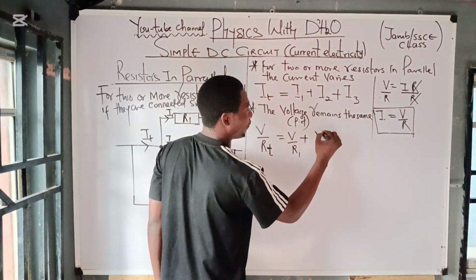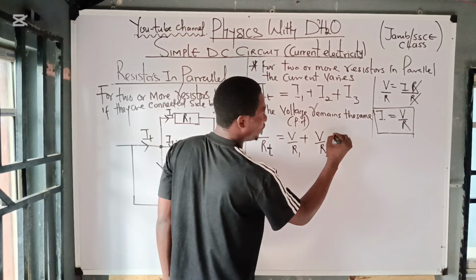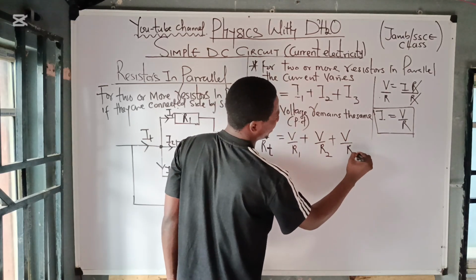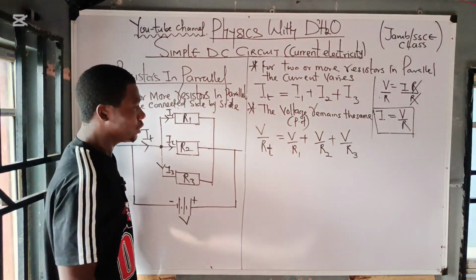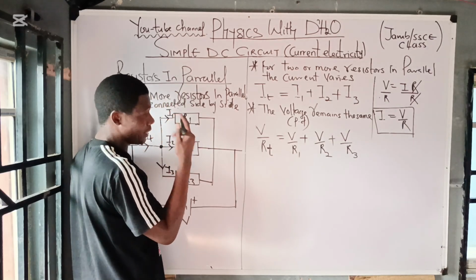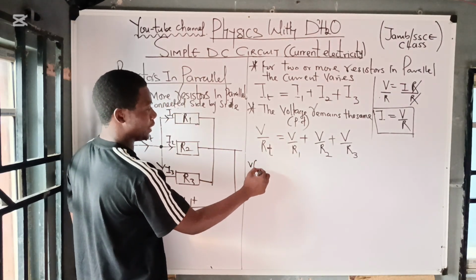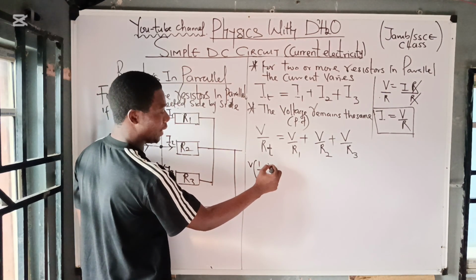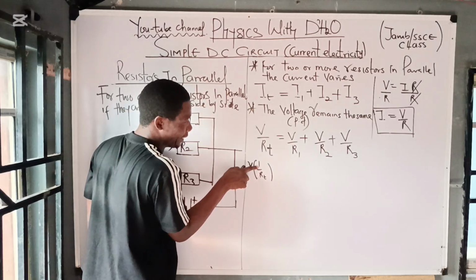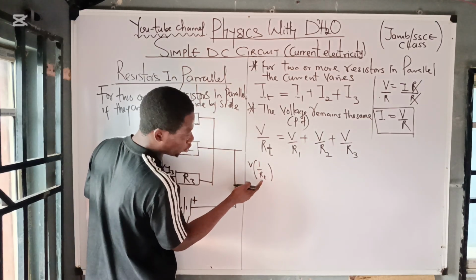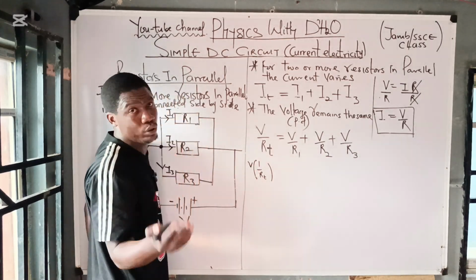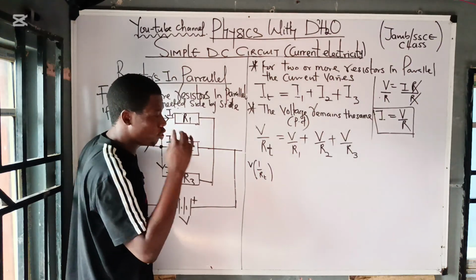In this place, you have V over R2. Here, you have V over R3. Now, understand this. In mathematics, I can simply say V bracket 1 over R total. Knowing fully well that if I open this bracket, I will have V over R total. We use it to multiply the numerator only, not the denominator. So you have V over R total.